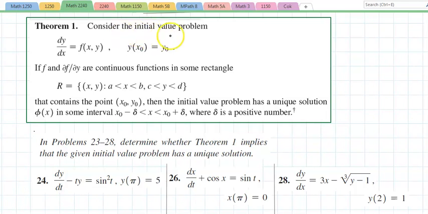Here it says, consider the initial value problem. We have a derivative equals some function.